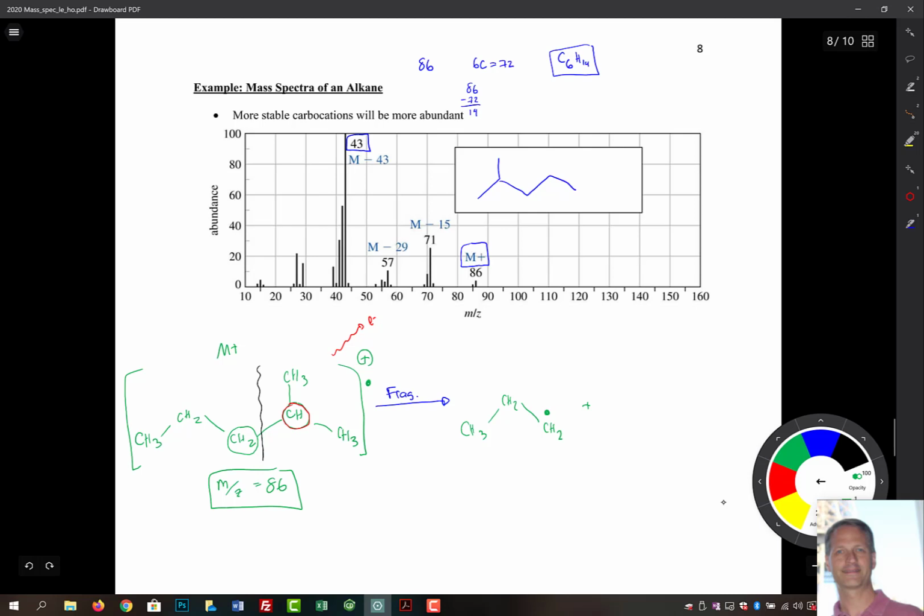Now that's not detected, remember? And then we're going to have our CH3, our CH, and our CH3 here with a plus there. That's detected, and that'll give you your mass to charge of 43. And so that's how you can look at the spectrum and guess, well, it must be 2-methylpentane because that fragment is so abundant. Other isomers of this won't result in that particular fragment.